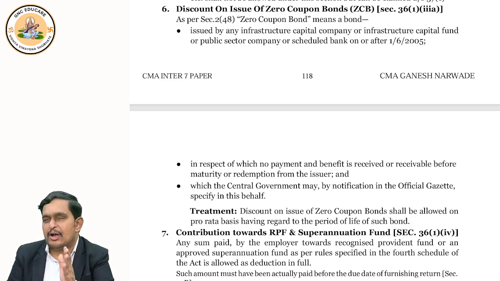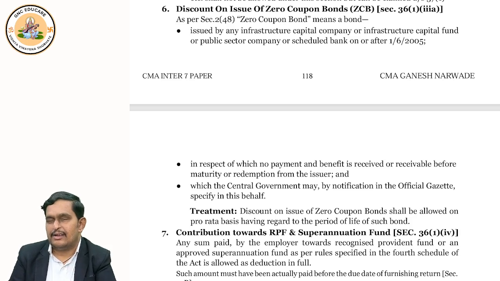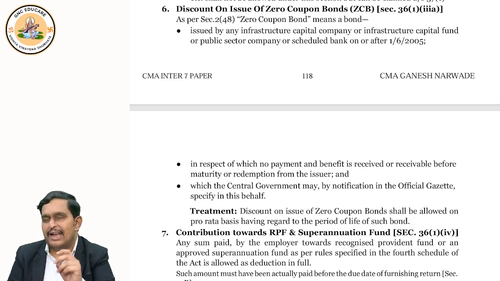Up to the date of putting the asset to use, it is a capital expenditure we should assume, and add to the cost of the asset. Such interest should be added to the cost of the asset. And interest paid after the asset is put to use is a revenue item and deductible under section 36. We discussed all this. You remember?